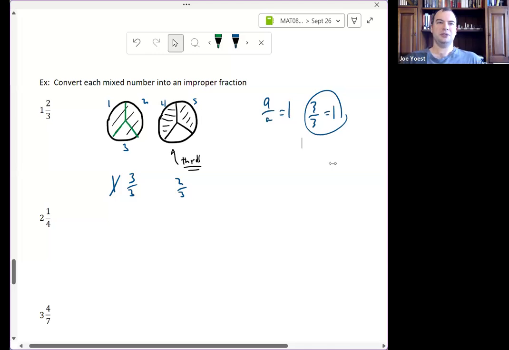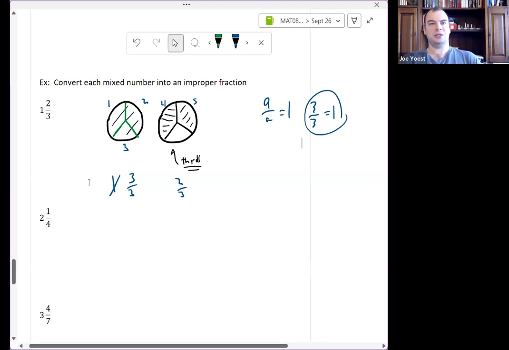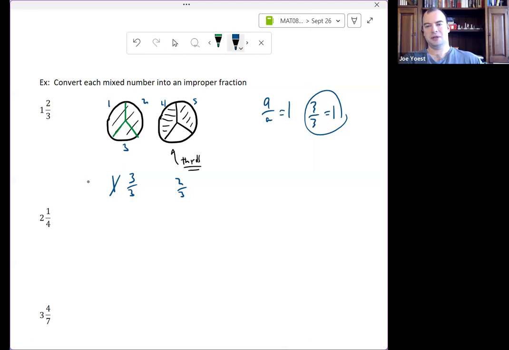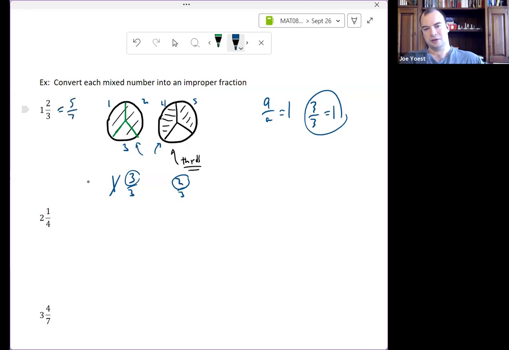I could take whole pizzas and slice them up into whatever size pieces I want. I can choose to think of this first pizza, instead of being amount 1, as 3/3. 3 slices, each of size 1/3 of a pizza. And when I aggregate these together, I have 3 slices and 2 more slices of the same size. This gives me 5/3.